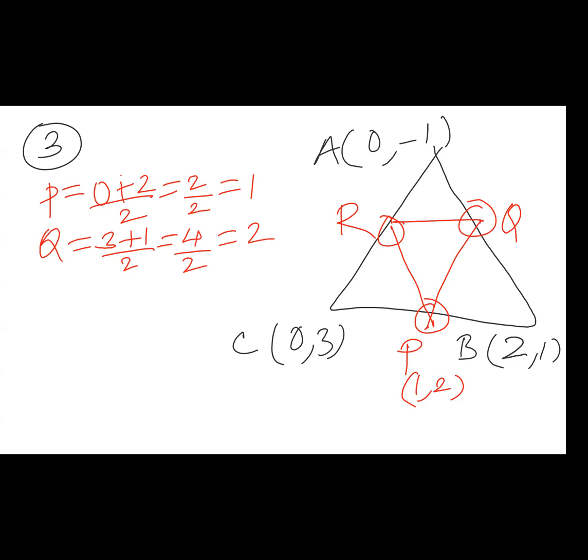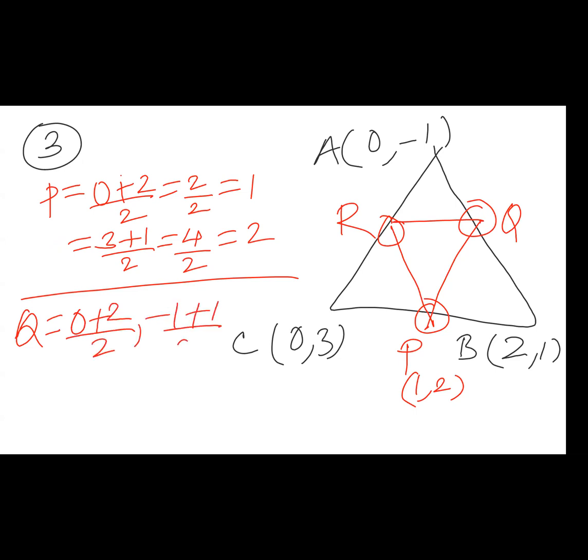The coordinate of Q will be (0 plus 2) by 2, comma, (minus 1 plus 1) by 2, so this becomes 1, comma, 0.